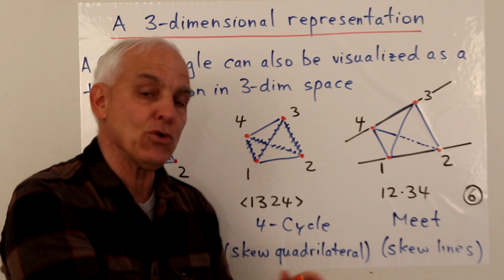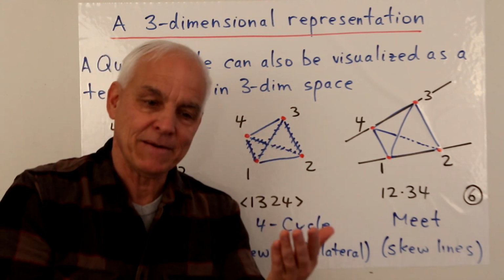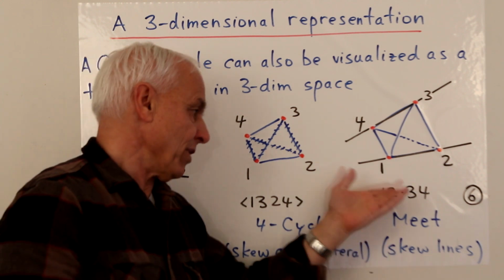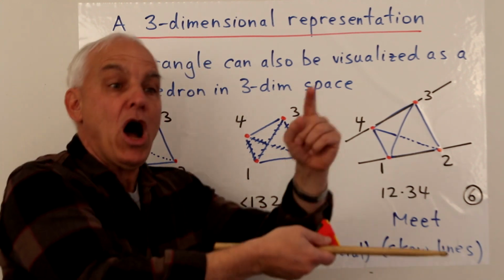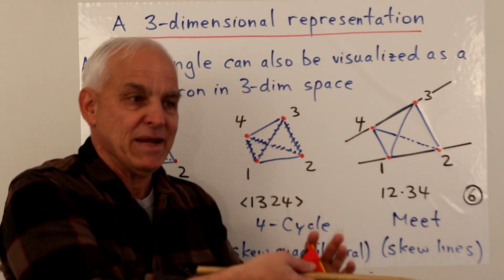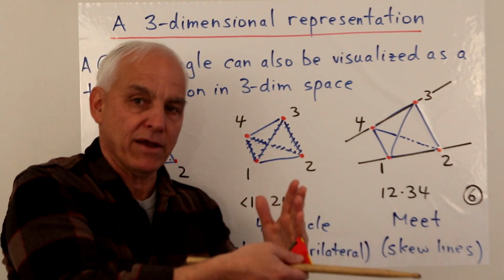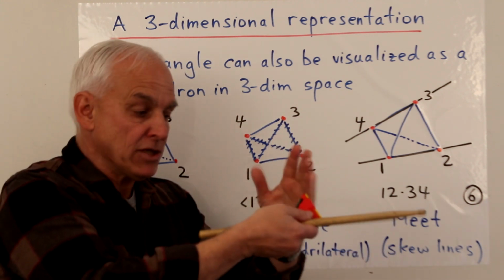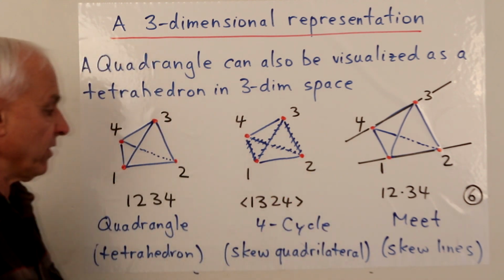Sometimes we call them skew lines. That's an interpretation of the meet of these two edges. Notice that in that interpretation there is no common point of these two lines, so it doesn't make sense to visualize the meet as a point. It's better to visualize the meet as this pair of lines. So thinking about a pair of lines or thinking about the corresponding cycle, it's more or less equivalent.